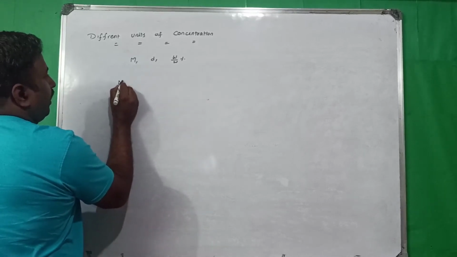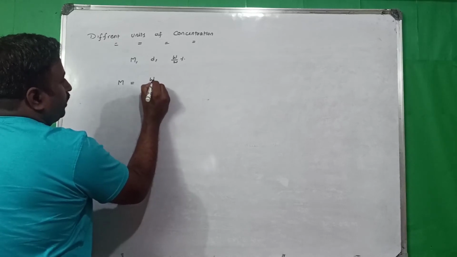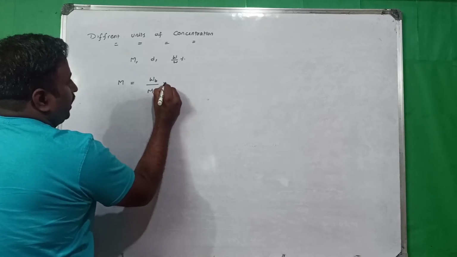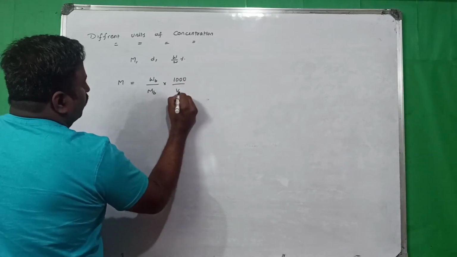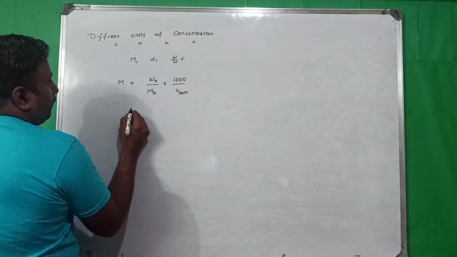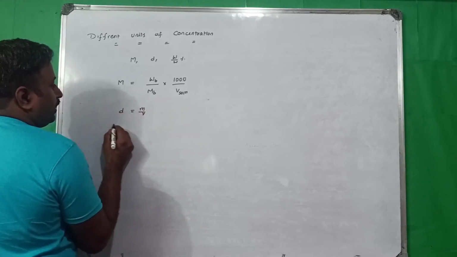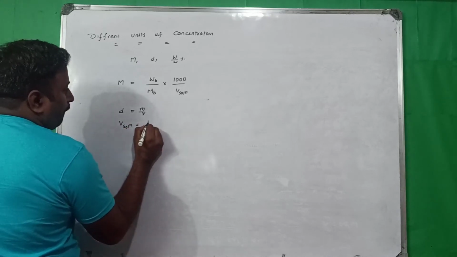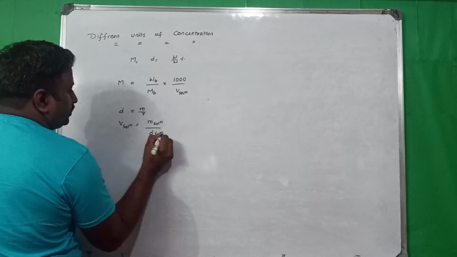The molarity formula M is equal to weight of solute Wb upon molecular weight of solute Mb into 1000 upon volume of solution. Now D is equal to m by V. Here V, the volume of solution, is equal to mass of solution upon density of solution.